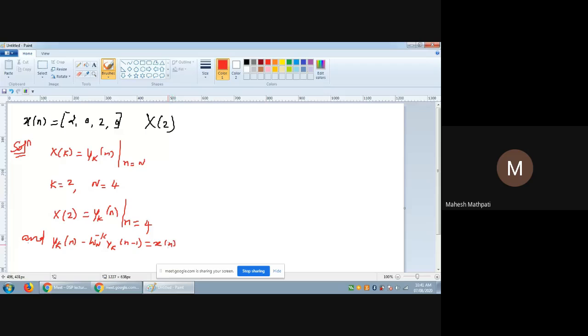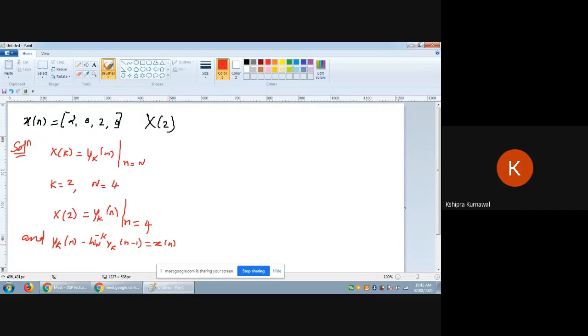So this is what already we have derived yesterday. We have looked at the condition x of k equal to Yk of n at n equal to N, and we have derived the equation for the difference equation. That is, last equation is Yk of n minus Wn to the power minus k Yk of n minus 1 equal to x of n. Okay. Any confusion here? Any doubt or any question?